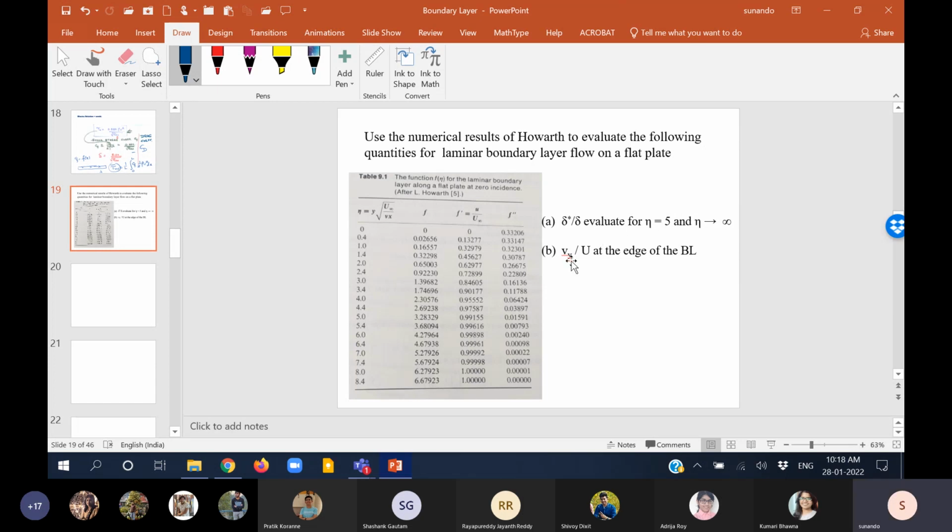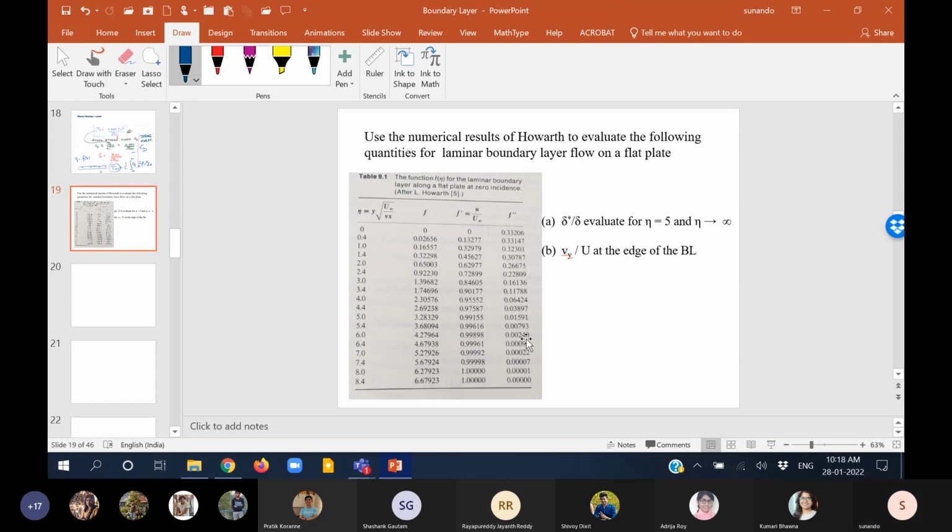That's the first part. And the second part is the ratio of Vy by U at the edge of the boundary layer. So you have to use this table and use the definition of delta star that I have discussed. So do that, and then we'll discuss. Give it a try, and then I will discuss.